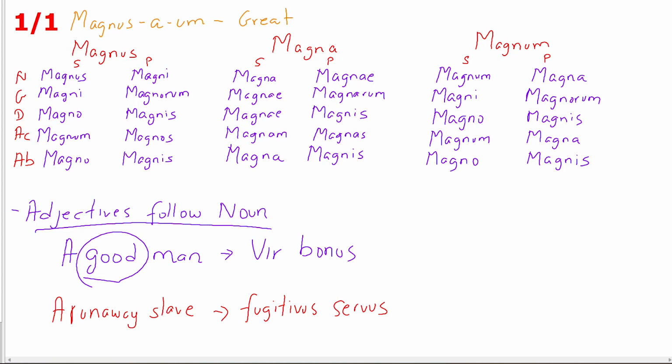The word fugitive comes from this. So fugitivus servus would mean a runaway slave.